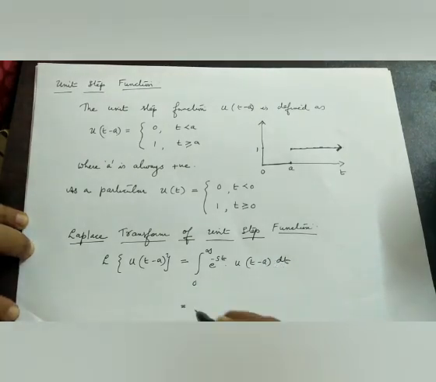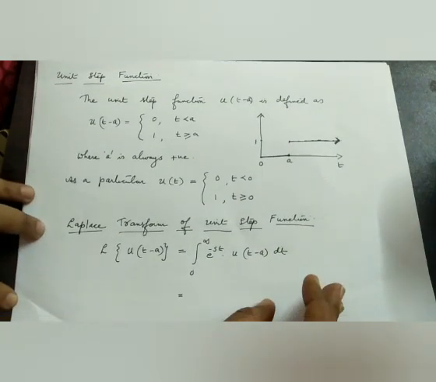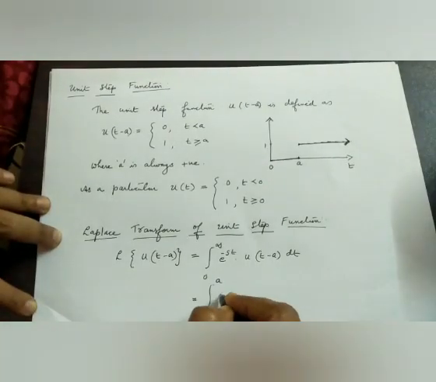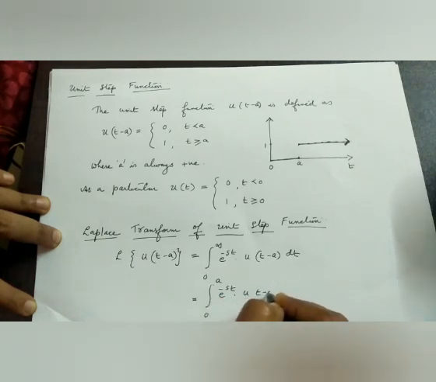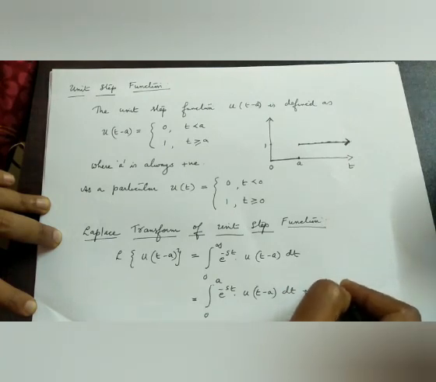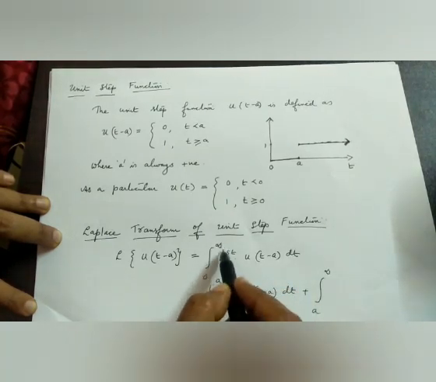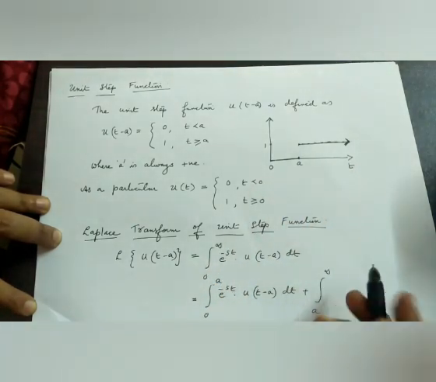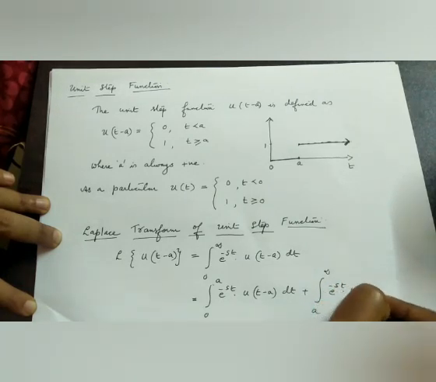The limit from 0 to infinity can be divided into two: first 0 to a, integral e raised to minus st u of t minus a dt, plus a to infinity, integral e raised to minus st u of t minus a dt.